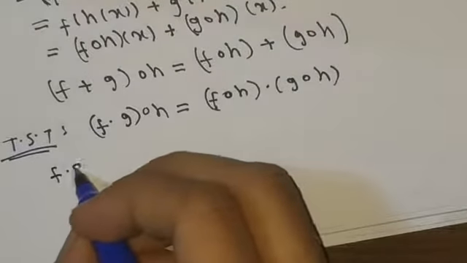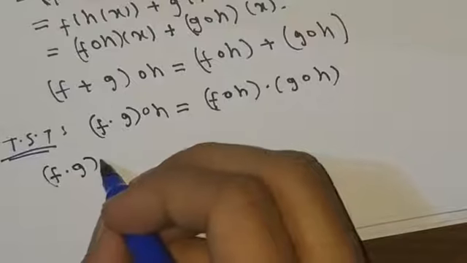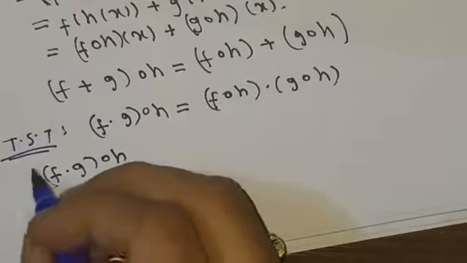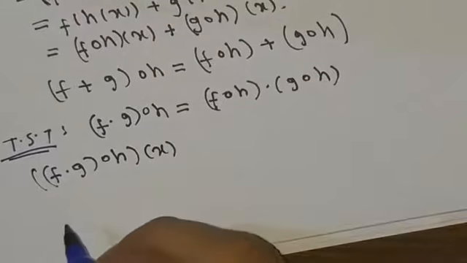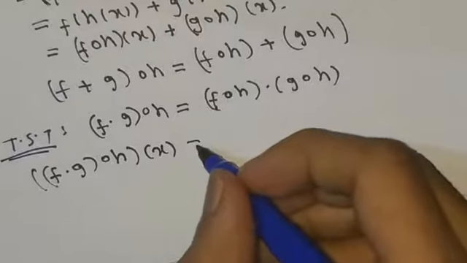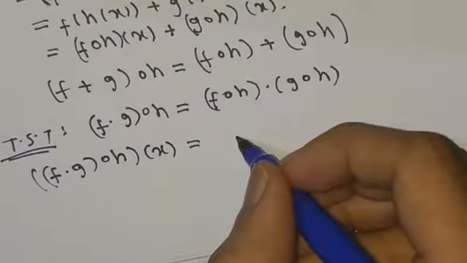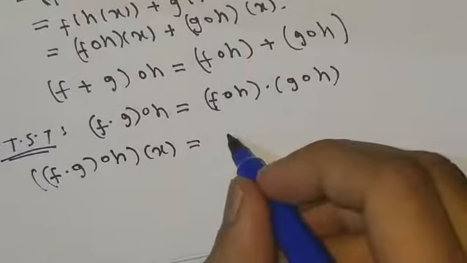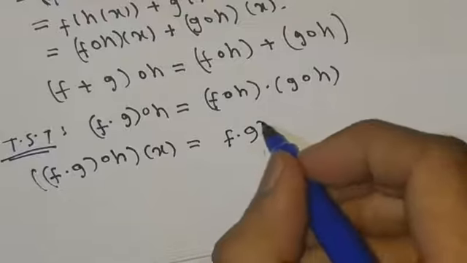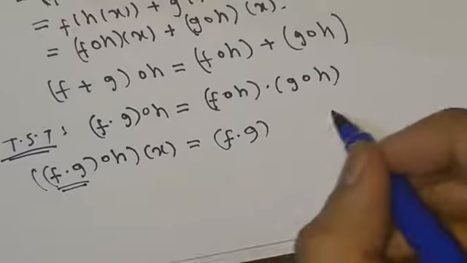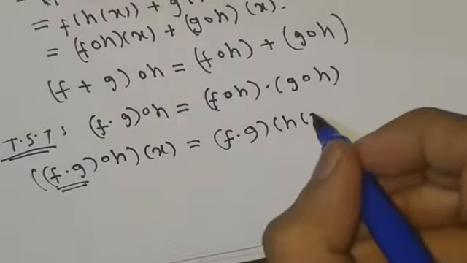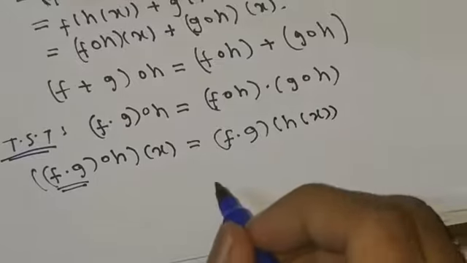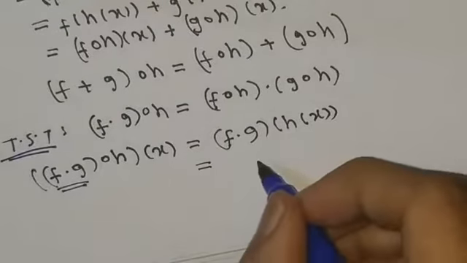So you have to find f multiplied by g composition h of x. So this will be equal to, by the definition of composition, f multiplied by g, that is the first function here, of h of x.